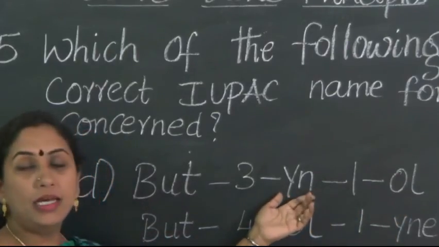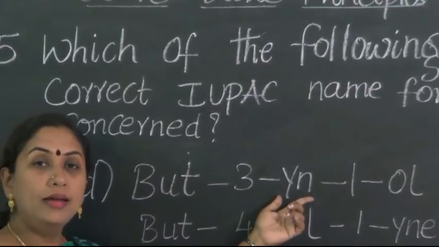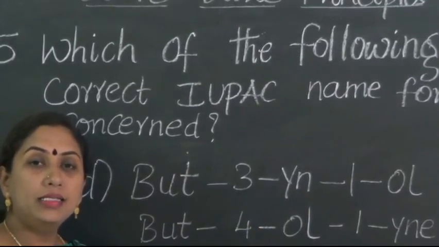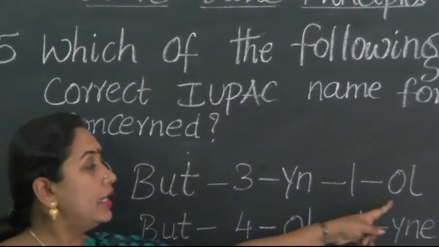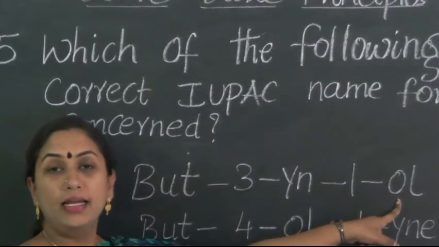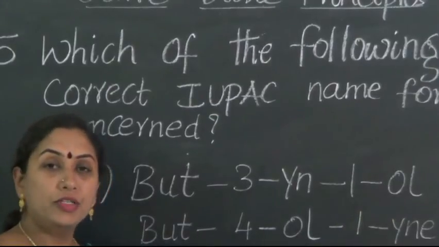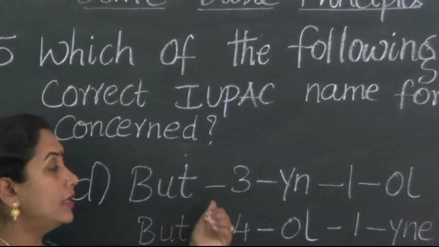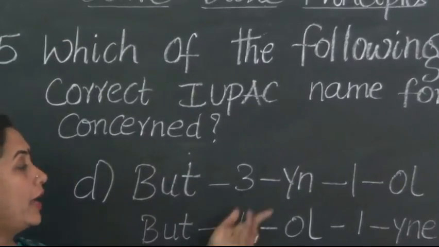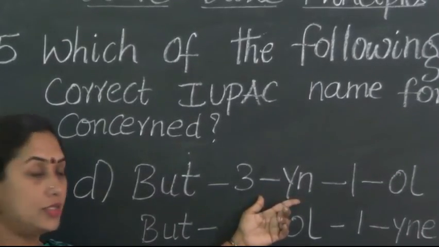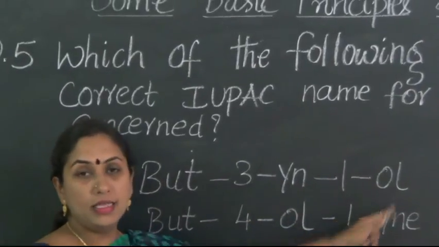Primary suffix gives the information as to whether the given hydrocarbon is saturated or unsaturated. Secondary suffix gives us an idea about the type of the functional group present in the given organic compound. So always the primary suffix should come first, then the secondary suffix.